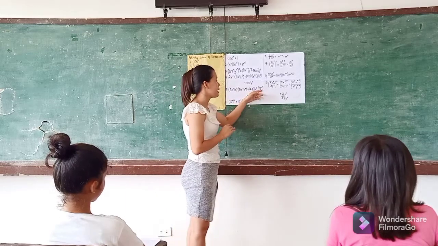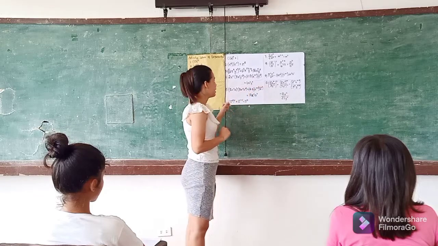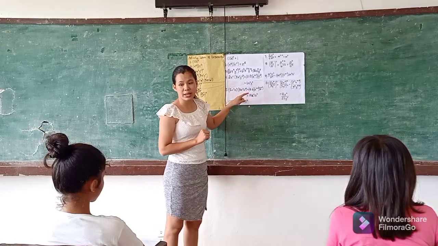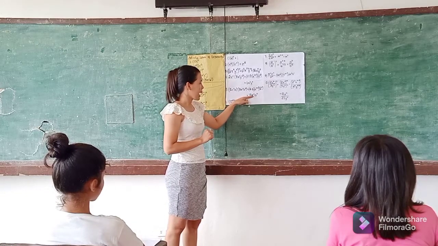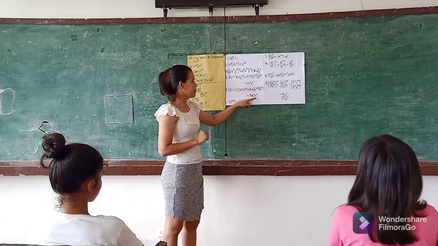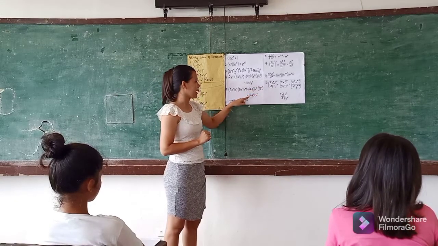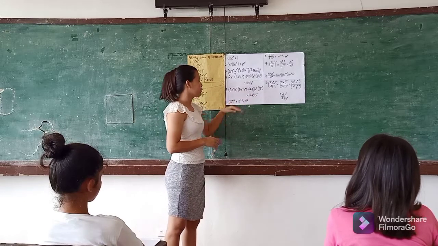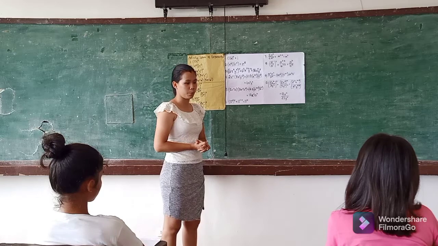Kaya siya naging b raised to 1 plus 2. Okay. 5 times 3 is equals to 15. Tapos a, 2 plus 2 is equals to 4. Then b raised to 1 plus 2 is 3. Okay, yung answer natin is 15a raised to 4, b cubed.